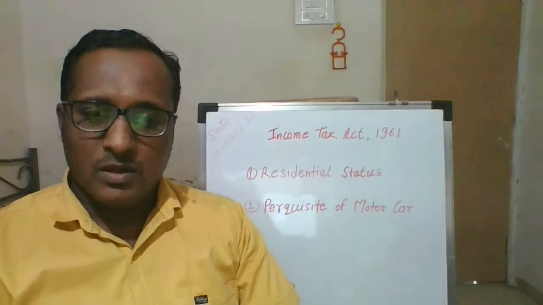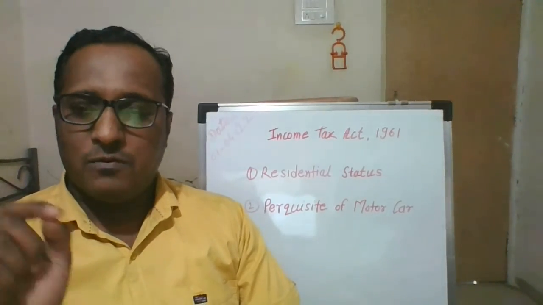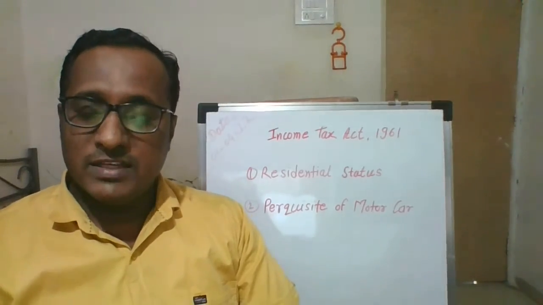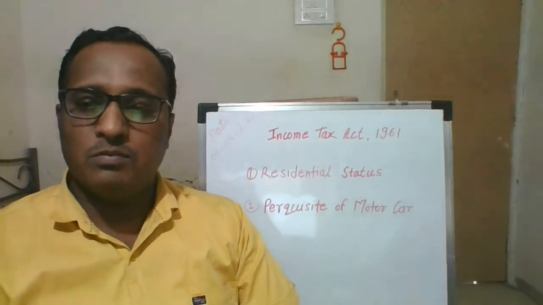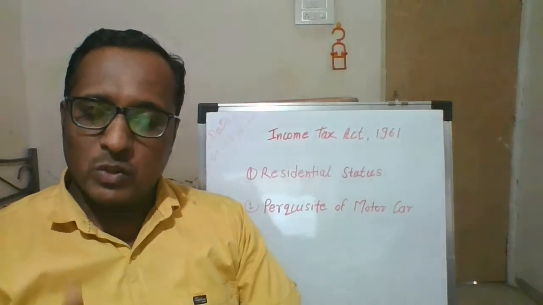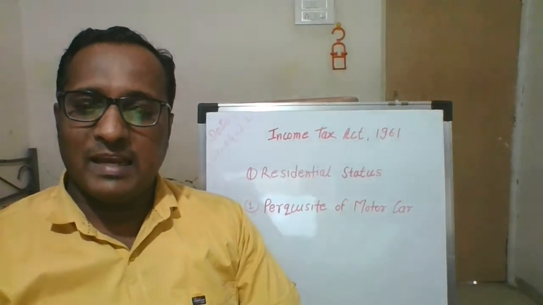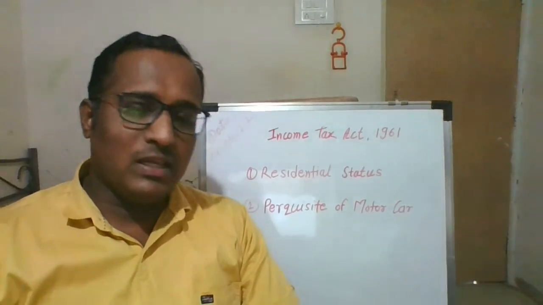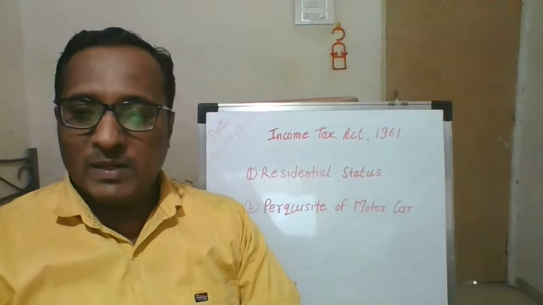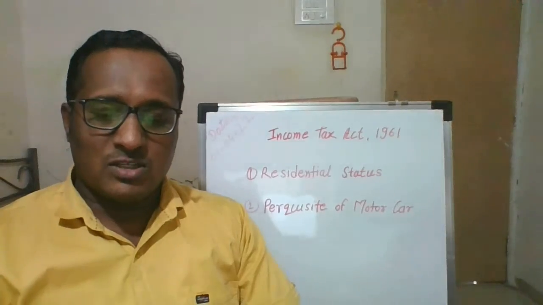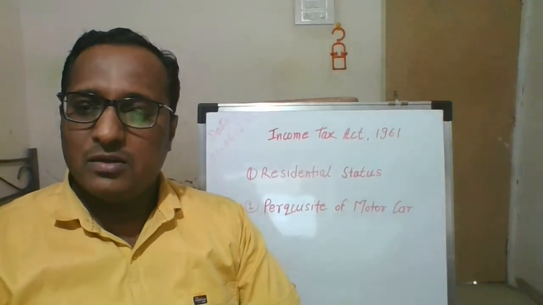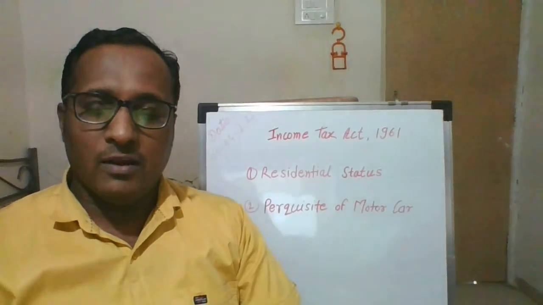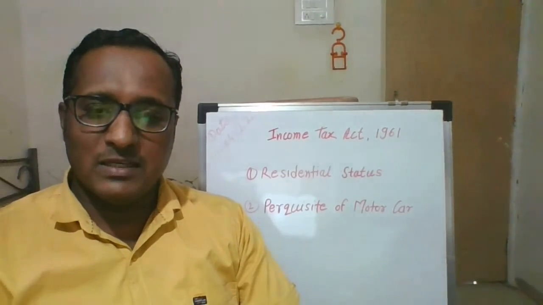One more thing: if the motor car is totally owned by the employer, but the actual running and maintenance expenses are paid and reimbursed by the employee, there are two basic conditions. The first is cubic capacity below 1600 cc or 1.6 liter engine.